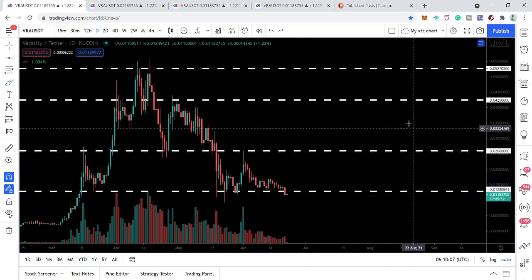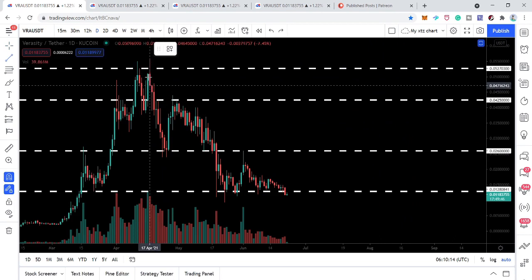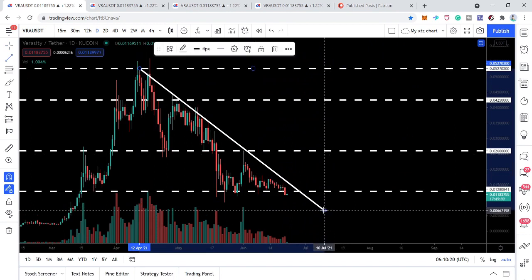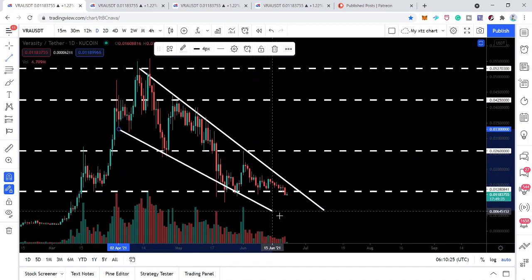At the same time, if we take a look at this newly formed trend, the price action has formed a falling wedge pattern. On the daily time frame chart, we have this resistance of the falling wedge, and we also have this support of this falling wedge pattern.